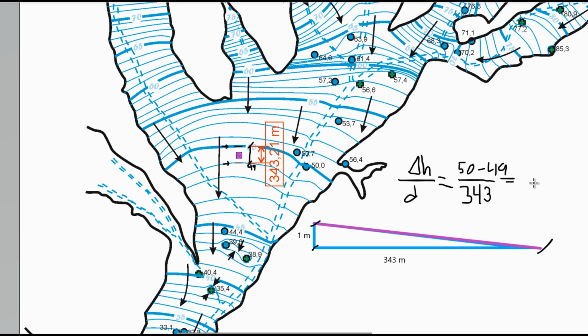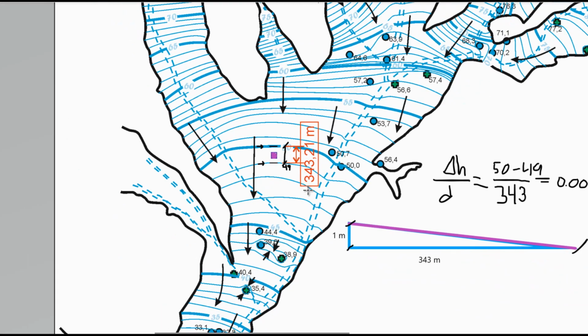Then the hydraulic gradient for this area is 0.0029. That is a quite low gradient, but it's very common in gravels and sand. You have to be aware that the groundwater elevation in this area is quite flat, because in 343 meters the variation is just 1 meter.